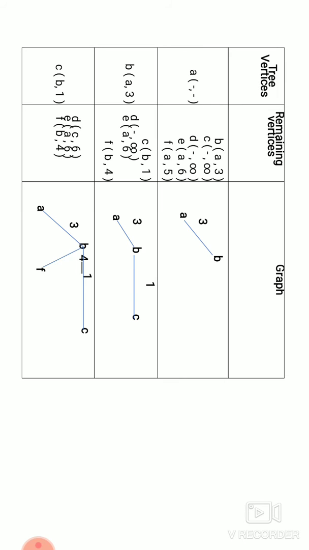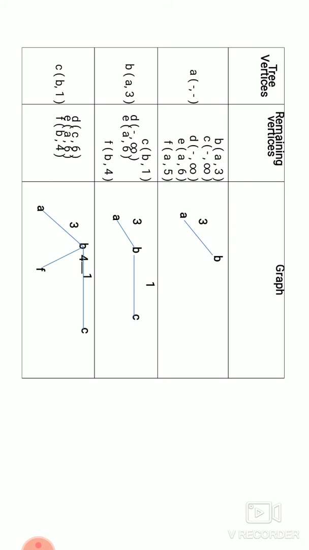F can also be reached from B with a distance 4. So when I choose the minimum, if I choose the next vertex as F, it would be better for me to reach from B rather than A, where A costs me 5, B costs me 4. So I have changed here F of B comma 4 instead of F of A comma 5.